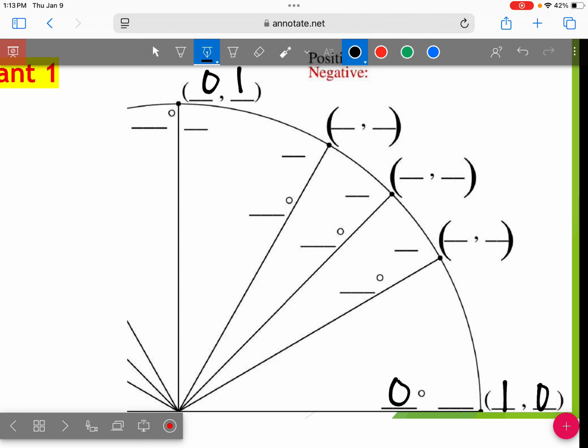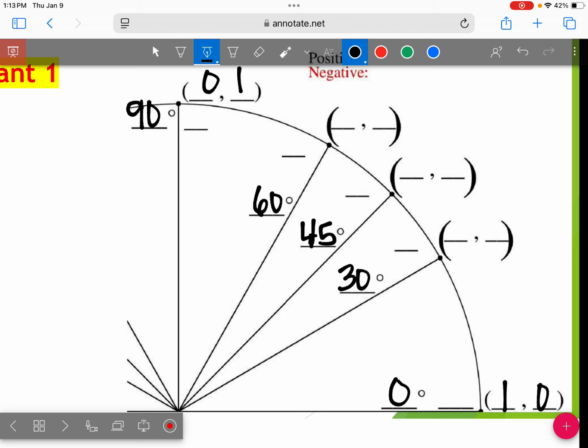So 0, and then it's always plus 30, plus 45, plus 60. So it's going to be 30, 45, 60. And what is my degree up here? 90. So that's your degrees.